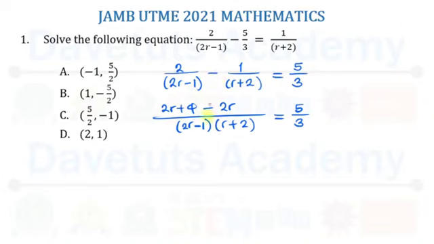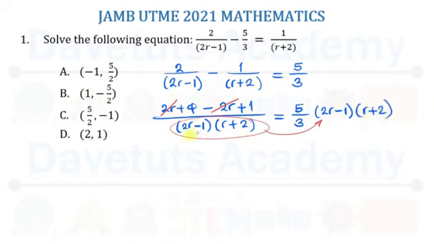When this negative sign multiplies this negative 1, it will become plus 1, okay? So these are guides that can actually really help us to fast track our work and gain speed. And you can see 2r minus 2r, those ones knock out. This LCM, I can actually move here, okay, to the other side so that I will have it as 2r minus 1 multiplied by r plus 2.